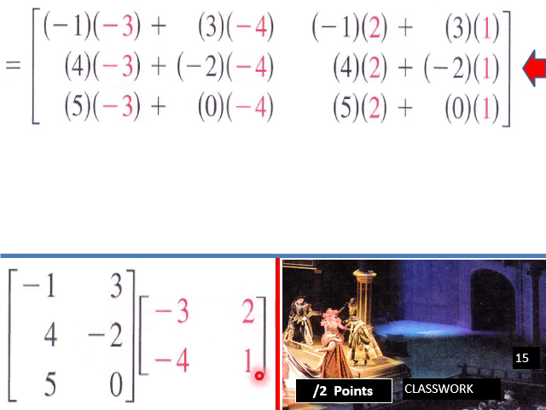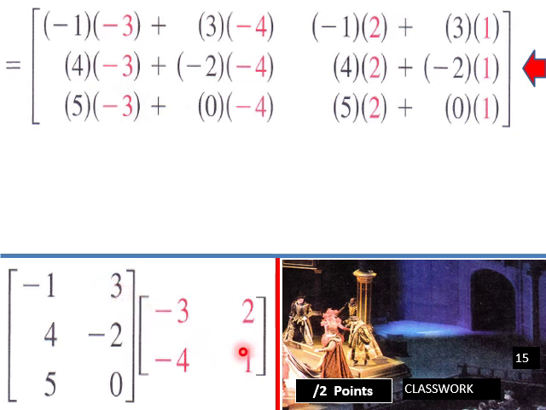So that first row has been taken care of: -1 times -3 plus 3 times -4, and -1 times 2 plus 3 times 1.